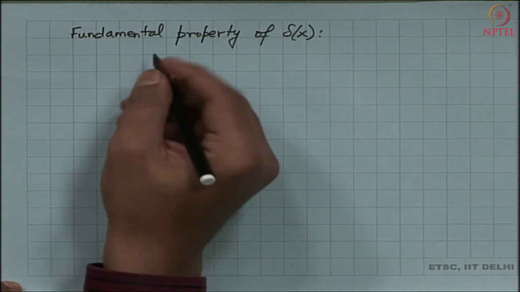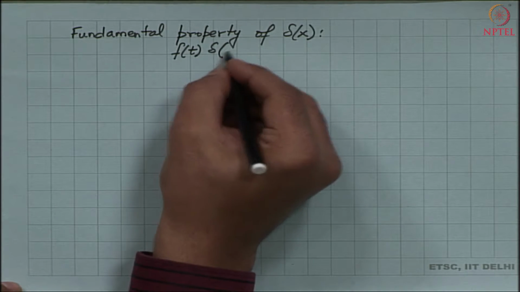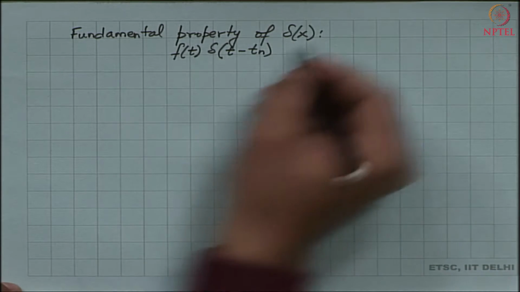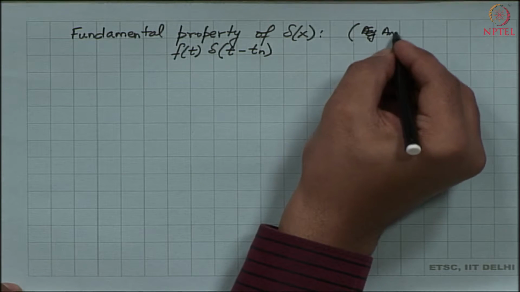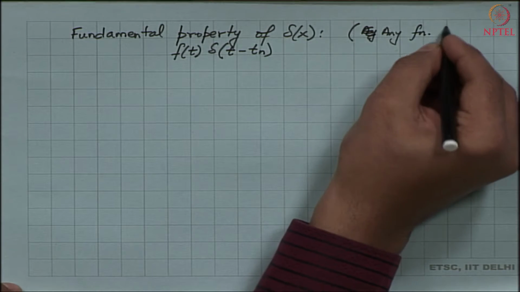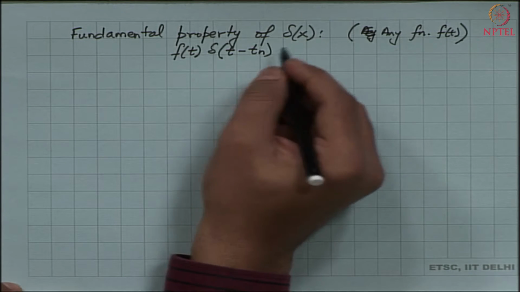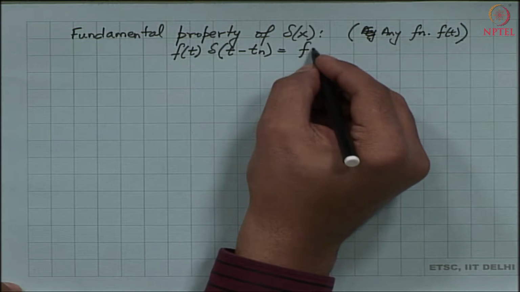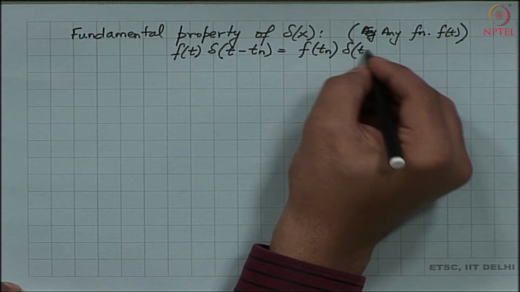I see that the following relation holds true. For any function f of t, f of t times delta of t minus t n is f of t n times delta of t minus t n.